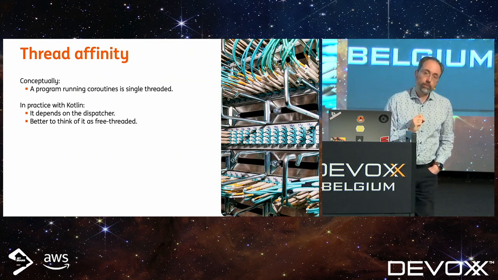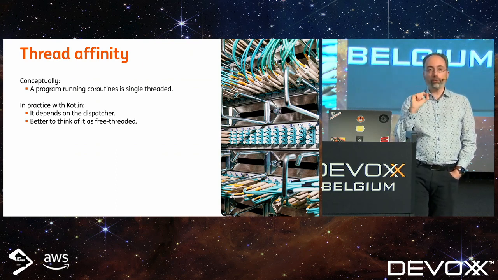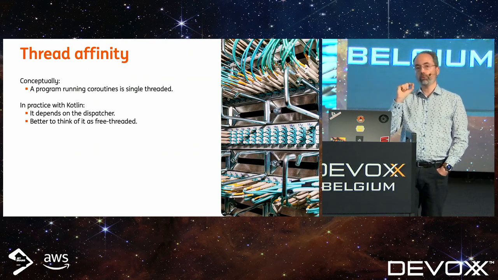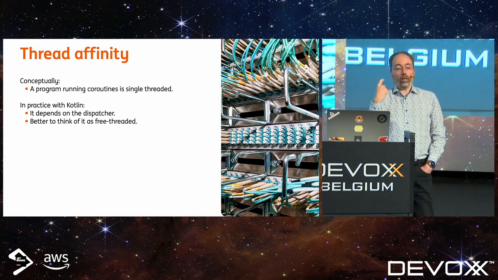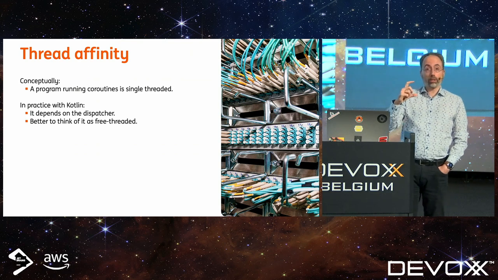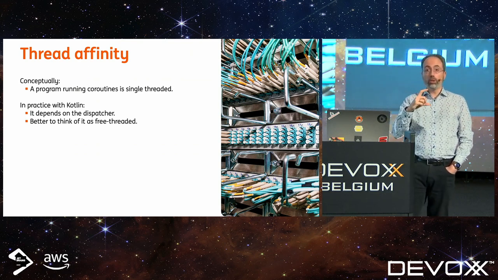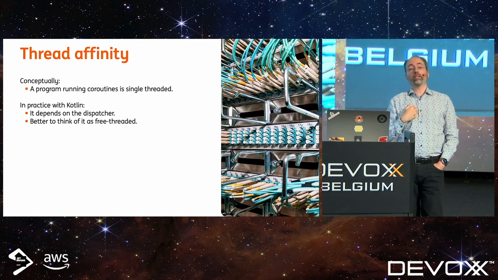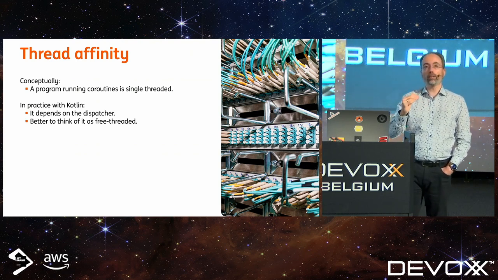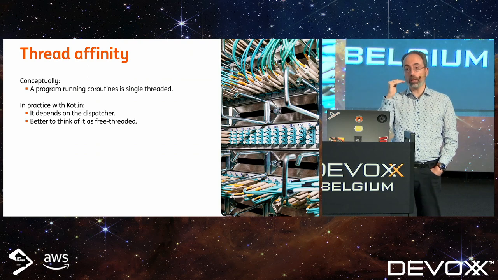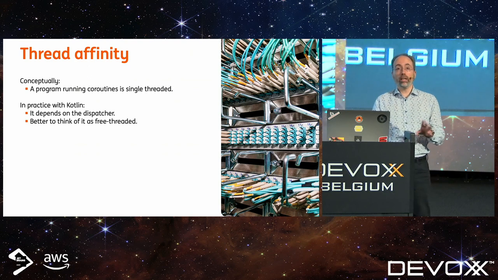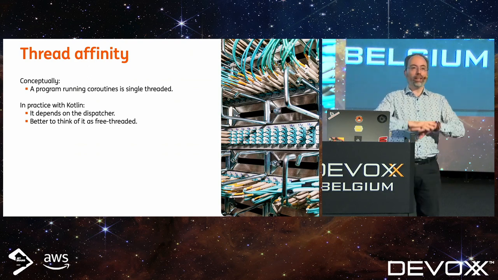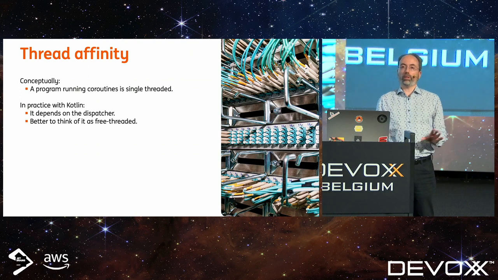And that also means that if we are writing a piece of code, especially if we are writing a library containing coroutines, and we are not sure in which context that library is going to be used, at least my personal opinion is that it is way better to think of the threading model of Kotlin coroutines as being free-threaded, in the sense that your code can be running on any thread, anytime, at any point.